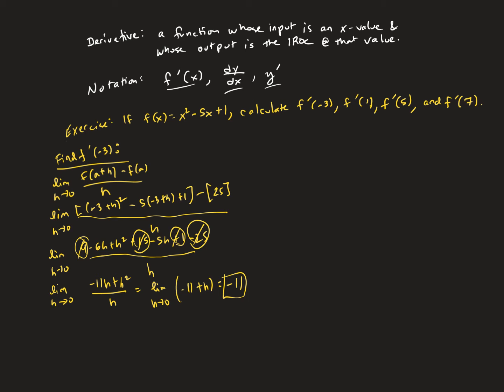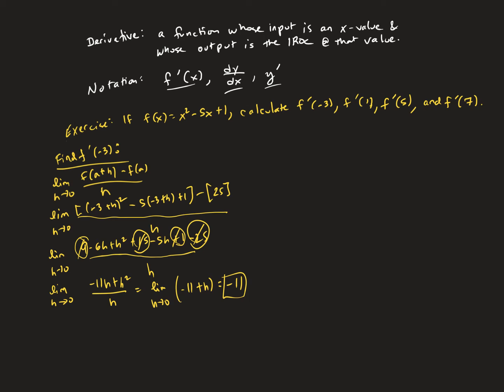But wait, it would be so much easier if we just had a formula for the slope rather than having to go through this process over and over and over again. So when mathematicians want a formula for something, instead of having to go through a process repeatedly, what they do is they'll go through the process generically, and then that will give them a formula that they can use in specific situations.